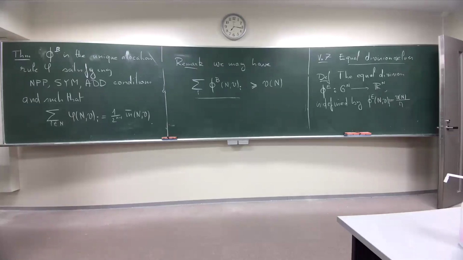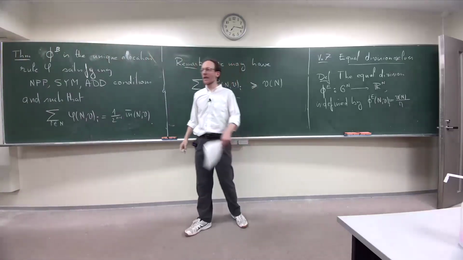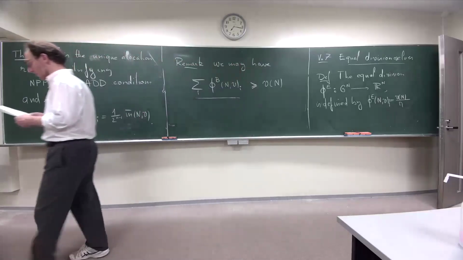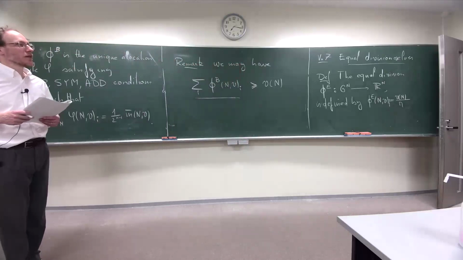So this is a simple rule. You take the total amount, you divide by n, and you give it to everybody. This is called the equal division.